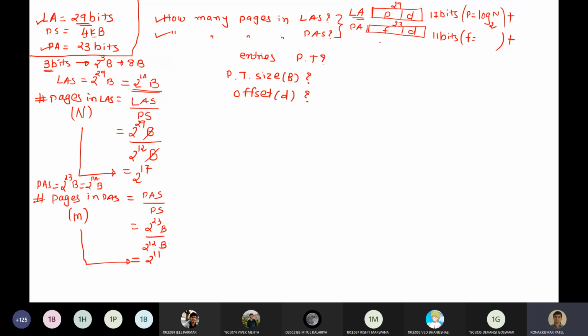I'm not asking for the equation. The equation is correct, log m base 2. But what is that small f? It is the frame number. Remember this thing. I have explained it like this: this P indicates the number of bits required to address each page in logical address space.